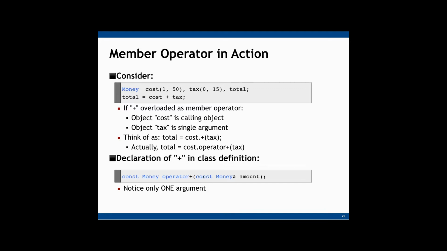And this is how you declare the overloaded plus operator when you are defining it as a member function. There is only one argument here. The first operand, which is cost, is passed as the this pointer of the function, and the text object is passed as the first argument here.